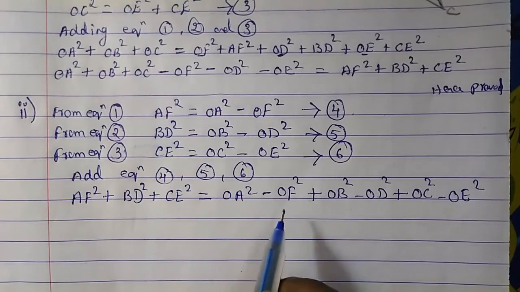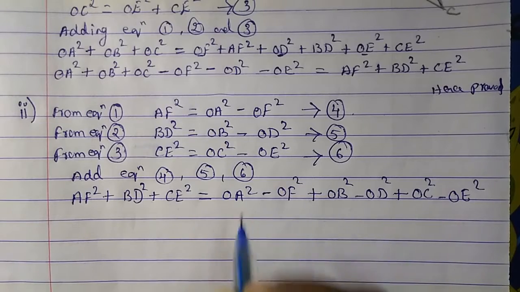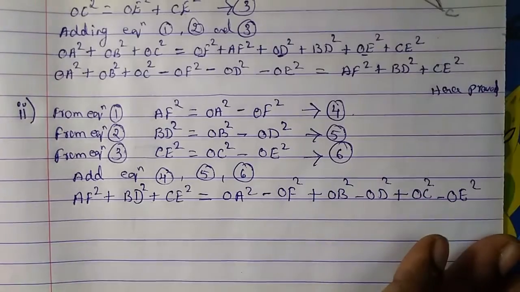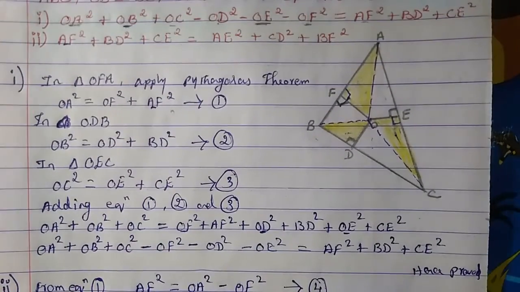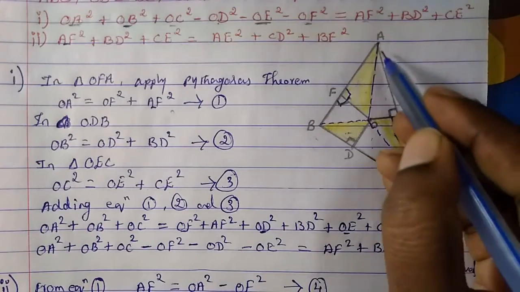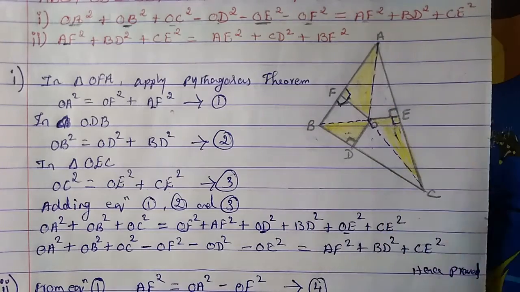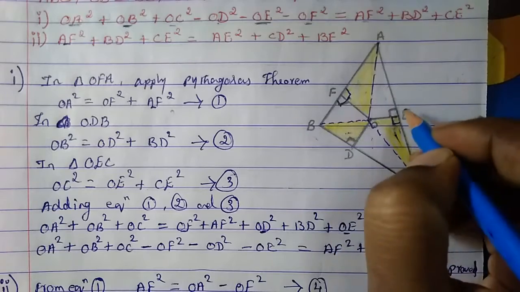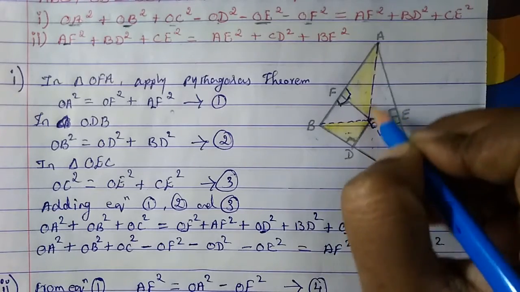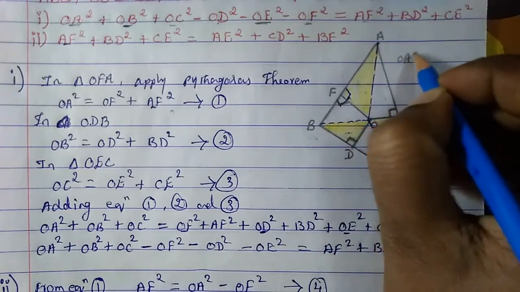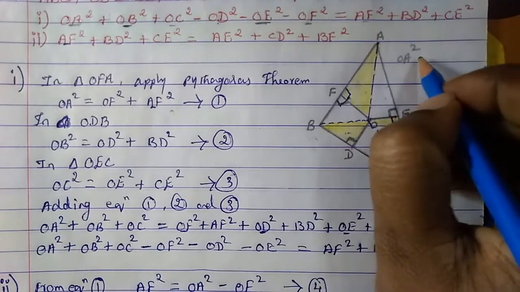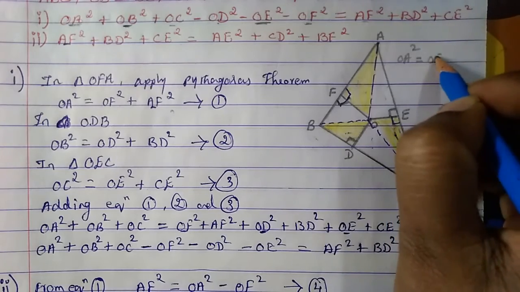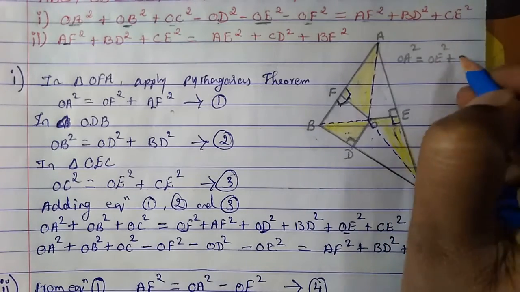Okay. Now, what is OA square minus OF square actually? Come here. Take this triangle. If we use the Pythagoras theorem, OA square is the hypotenuse, equal to OE square plus AE square.